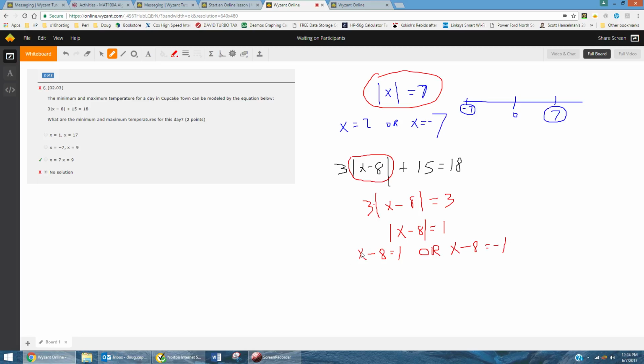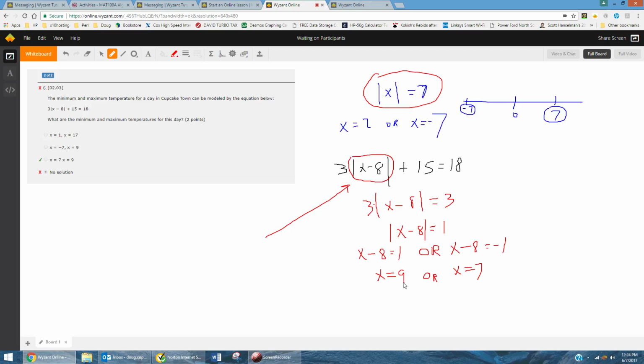Now you just solve each of these individually. Here we add 8 to both sides, so x equals 9. Or we add 8 to both sides, and x equals 7. Those are the numbers that make this equation true.